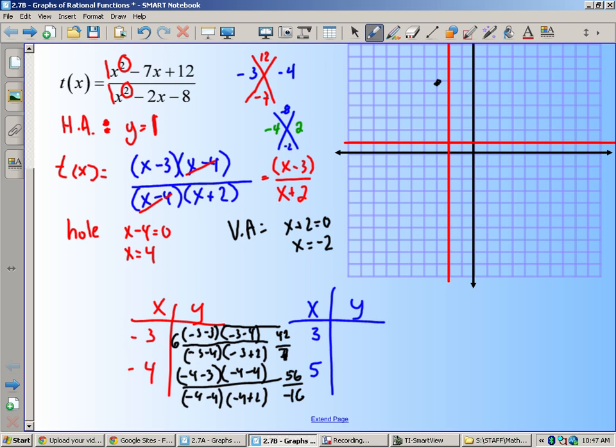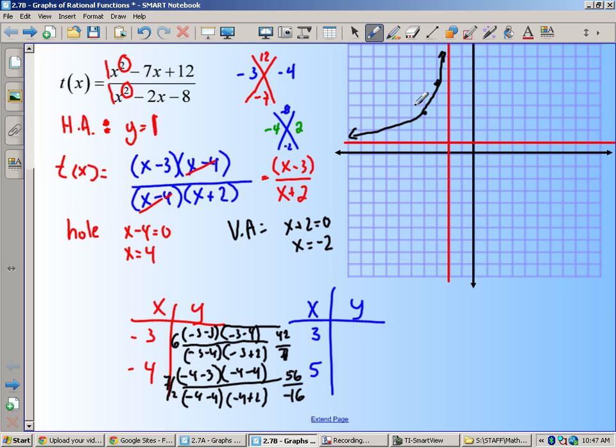So it looks like I'm going to get 7 halves for that one. So at -4, 7 halves is 3.5, so 1, 2, 3.5. So my graph is going to do something like that. And that's what the graph looks like for that part.